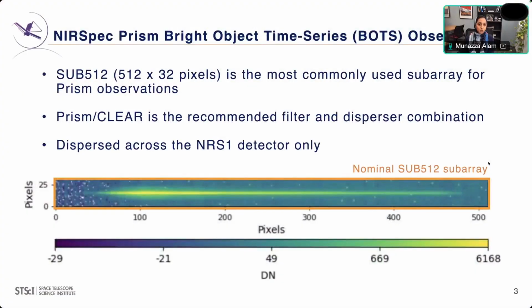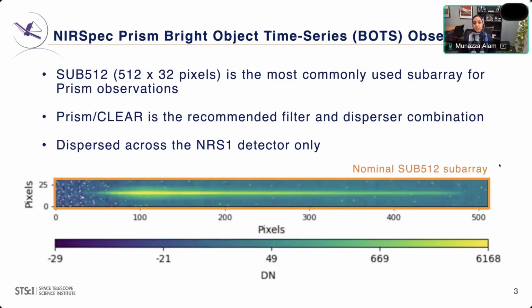So for those of you who aren't familiar, or a refresher for those who are, NIRSpec Prism bright object time series observations, BOTS observations, are taken with some common or standard setup. In particular, the SUB512 subarray is the most commonly used subarray for Prism observations. SUB512 is 512 pixels long by 32 pixels tall.